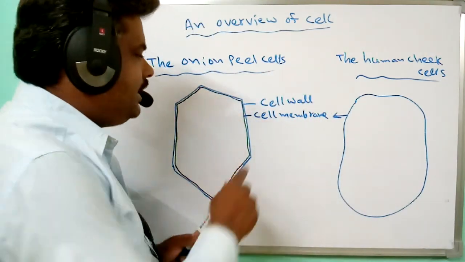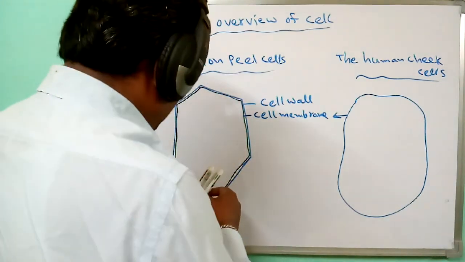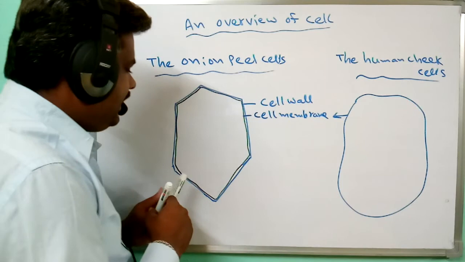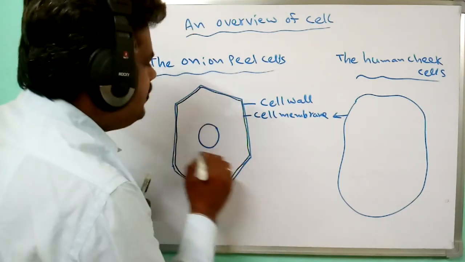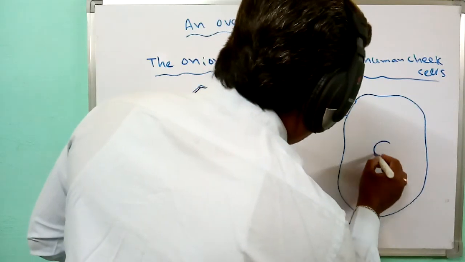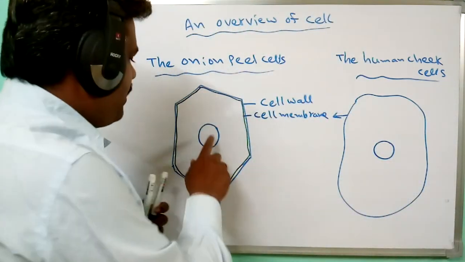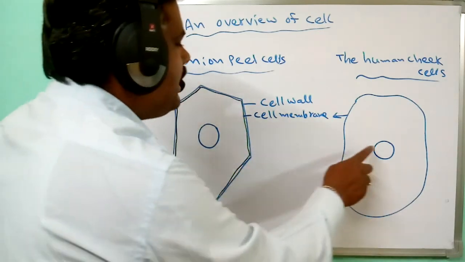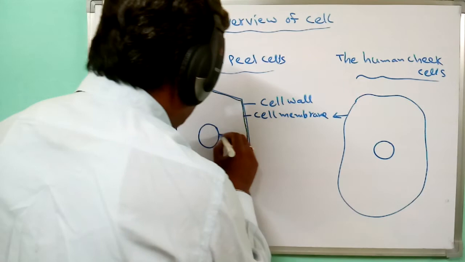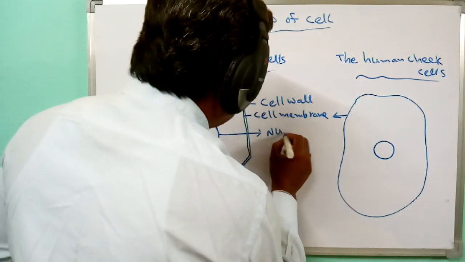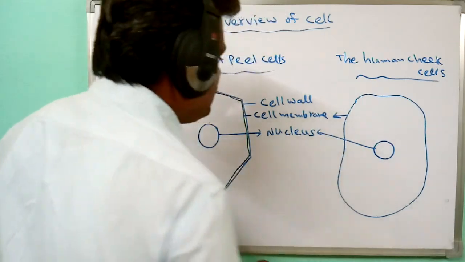In addition to the cell membrane, a distinct membrane bound structure is observed in both of the cells, that is known as the nucleus.